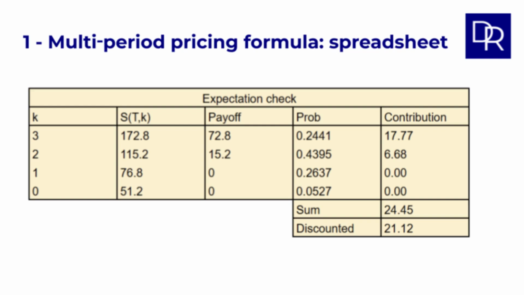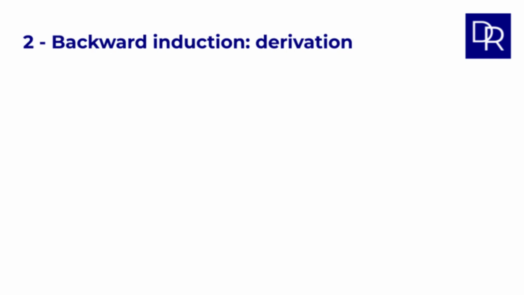So that was one method we can use in a tree. Another method is known as backward induction, where we compute values recursively, meaning we start from the payoff at expiration and work back to time 0, 1 period at a time.